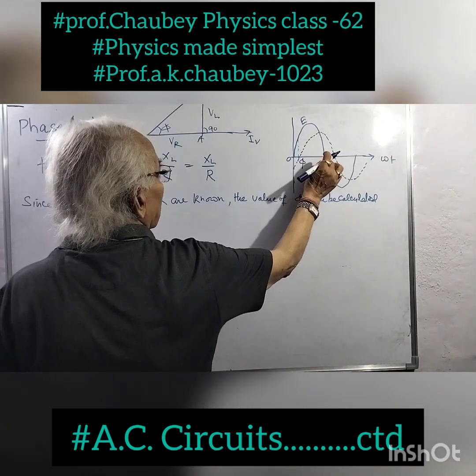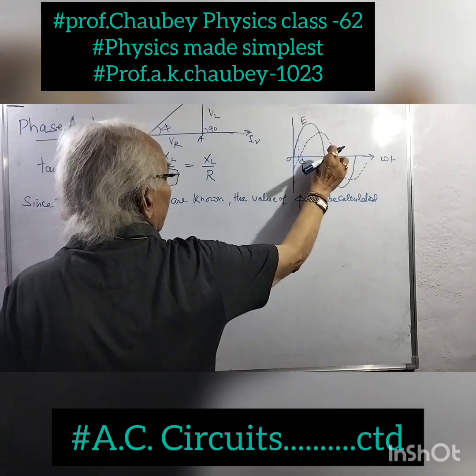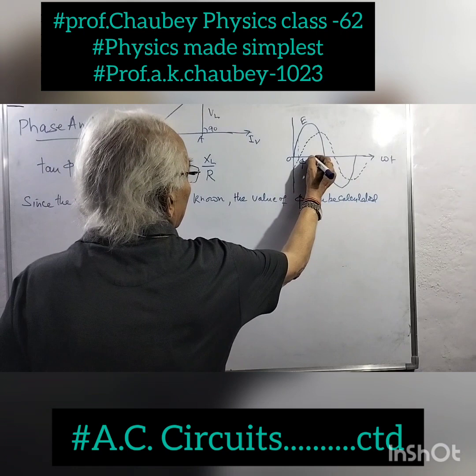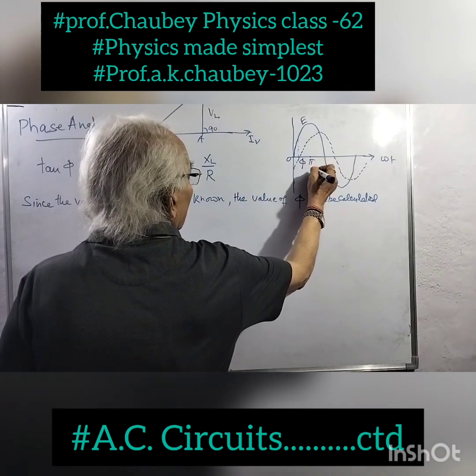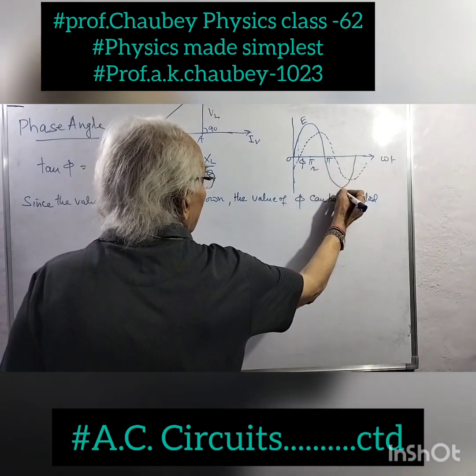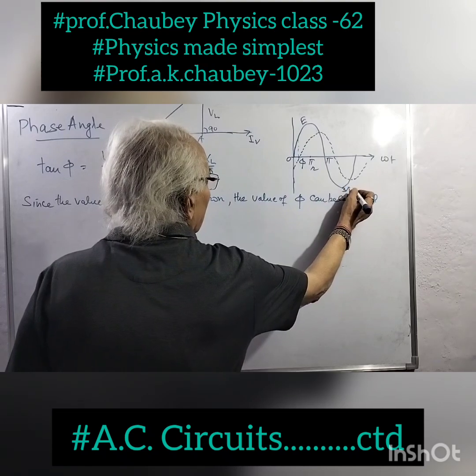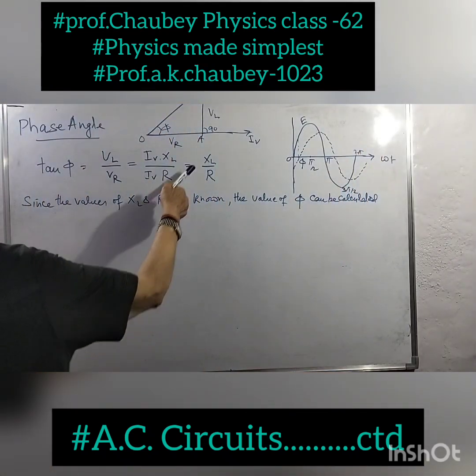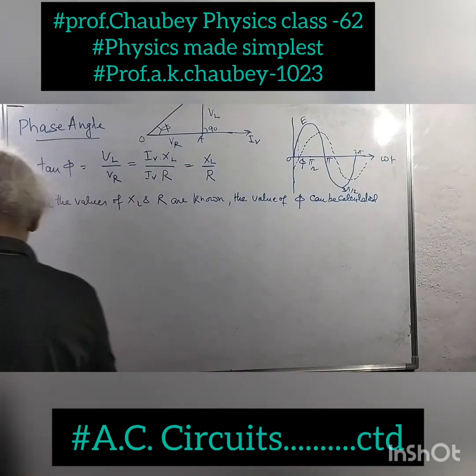This is pi by 2, pi, 3 pi by 2, 2 pi. So the phase difference is given by XL over R.